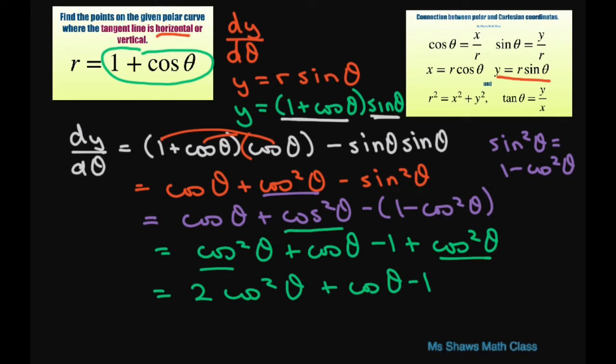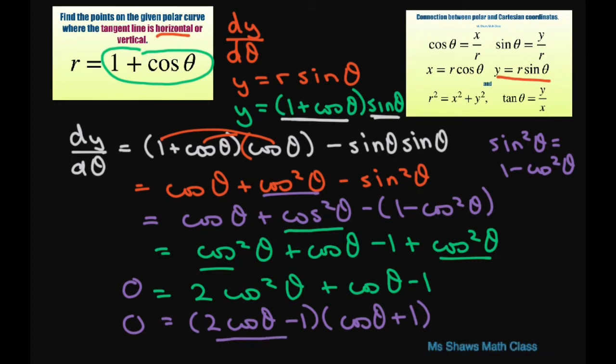Now we want to set this equal to 0 to find the horizontal tangent, and we can factor this as 2 cosine of theta minus 1 times cosine of theta plus 1 equals 0. So we have cosine of theta equal 1/2 or cosine of theta equals negative 1.